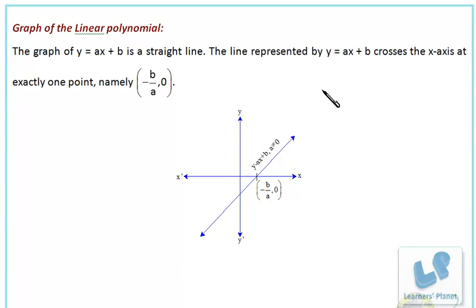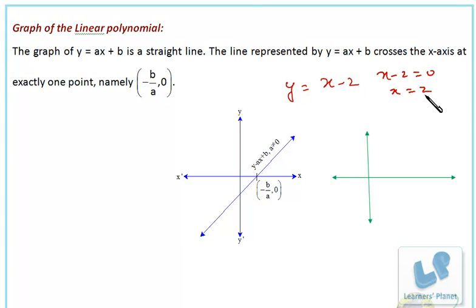Now suppose I take another example, maybe x minus 2. This is a polynomial, or I can say y equals x minus 2. Suppose I have to draw the graph of this. First of all, I would equate x minus 2 to 0, that means x is equal to 2.